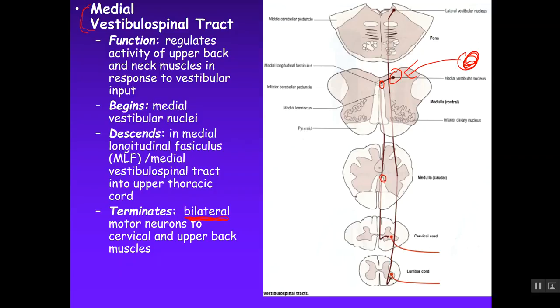Even though this doesn't show it, there are bilateral connections, and those other ones cross over in that anterior white commissure. So a lot of bilateral connections for this one. Because anytime you're moving your head, you want both sides of the neck to turn on and coordinate with each other. Medial vestibulospinal tract.